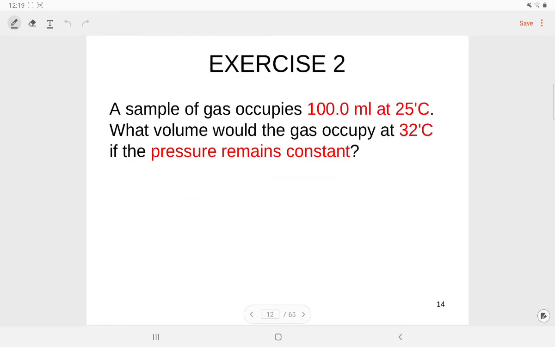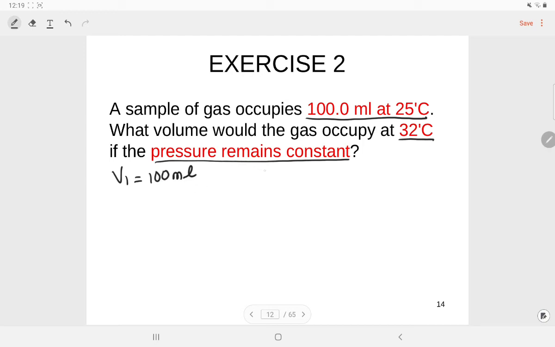Okay, so let's try to apply the Charles' law formula to this question. Alright, so a sample of gas occupies 100 milliliters at 25 degrees Celsius. What volume would the gas occupy at 32 degrees Celsius if the pressure remains constant? Alright, so V1 is 100 milliliters.